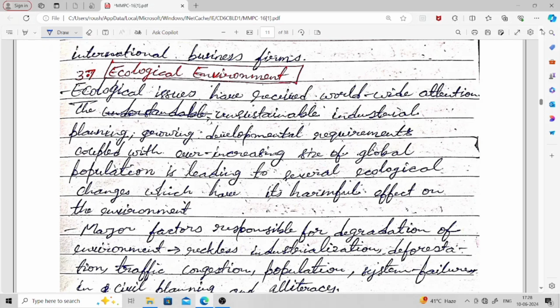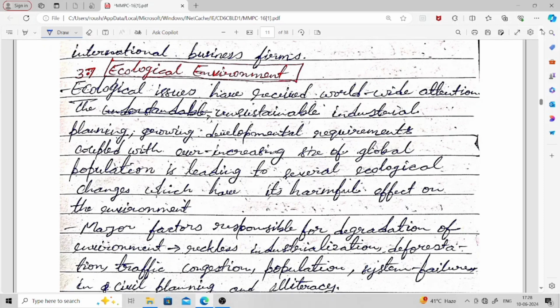The unsustainable industrial planning, growing developmental requirements, coupled with the ever increasing size of the global population, is leading to several ecological changes which have a harmful effect on the environment.